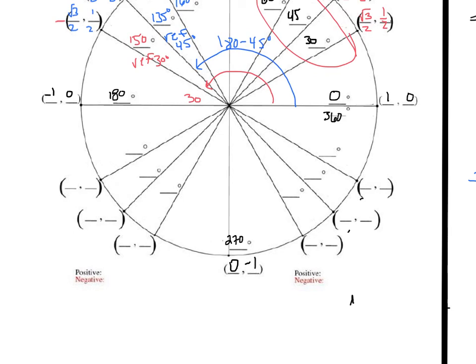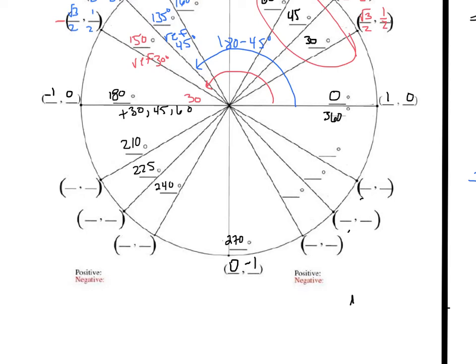I'm going to speed this up, and we can find our angle measurements just by adding the 30, 45, and 60 to 180. So this guy is 210, this guy is 225, and this guy is going to be 240.